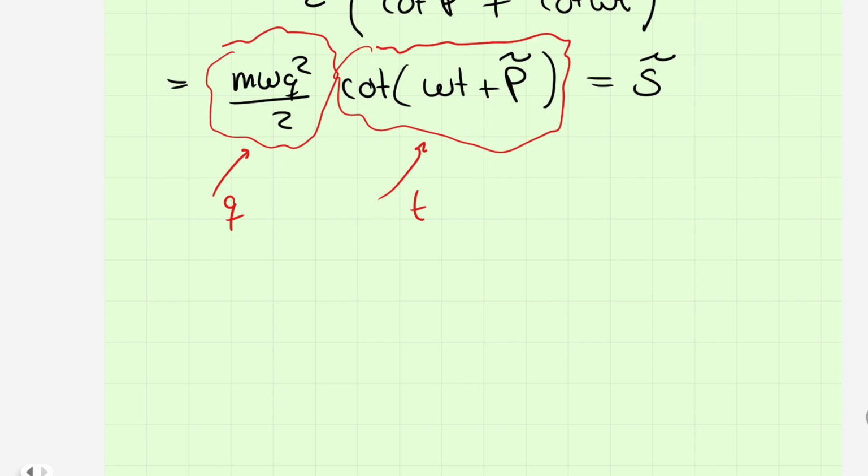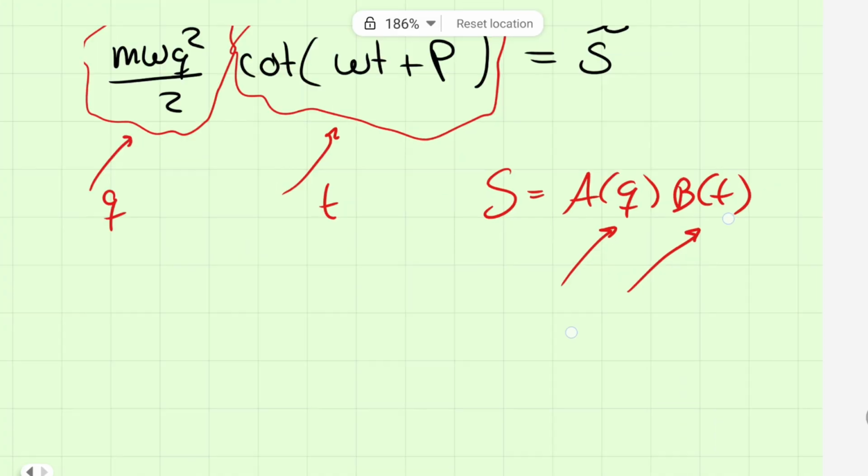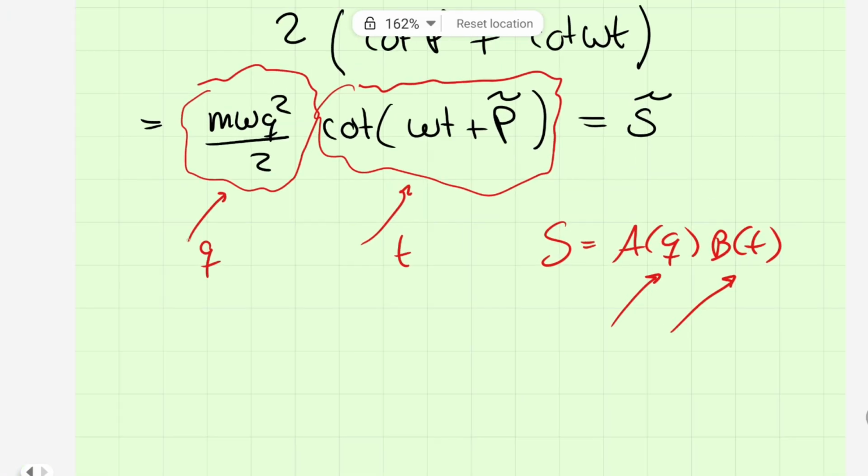I remember that we made a video talking about the free particle where we proposed a solution of the form a of q, b of t. So what I mean is that this solution is the product of two functions that each depend on only one variable. So this is like what is happening right now.